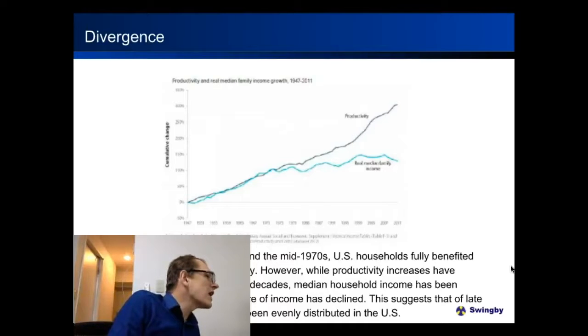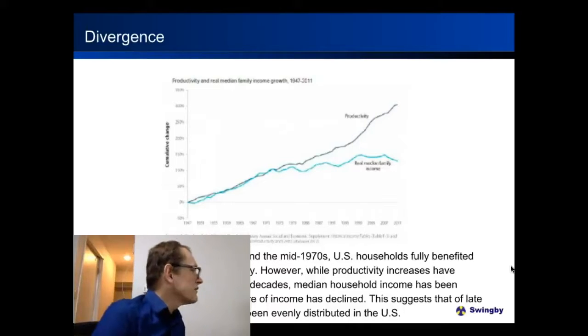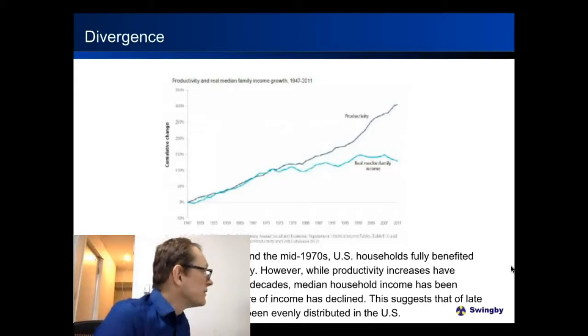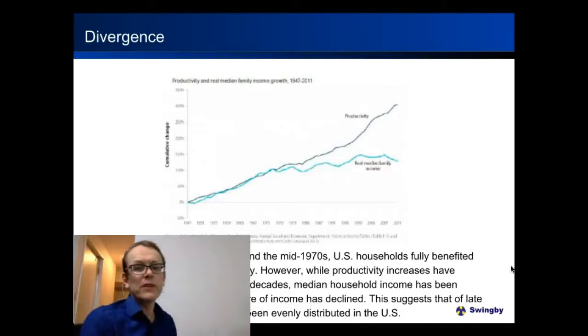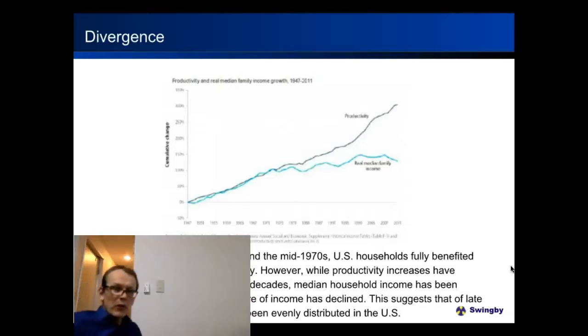But there's another element in there, and we're going to look at the video in a bit, that also tells another story. Basically, the rewards for the increase in productivity have hardly gone to the labor component, but have all flown towards the people who have capital, the investors.